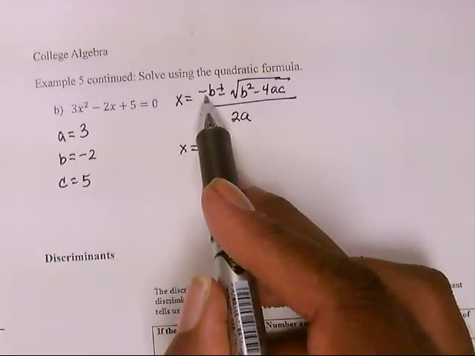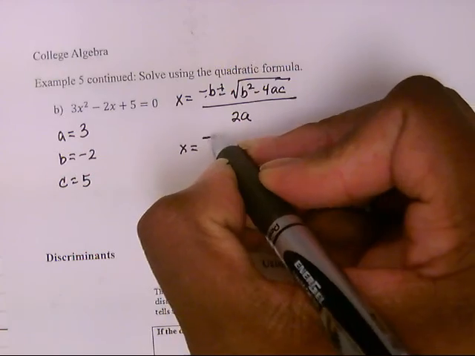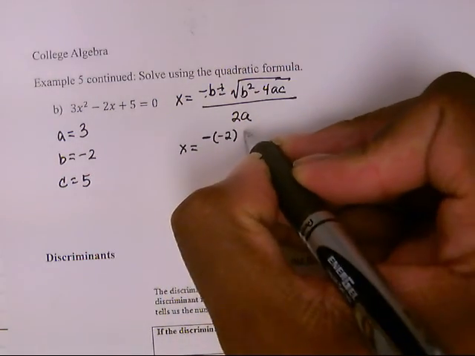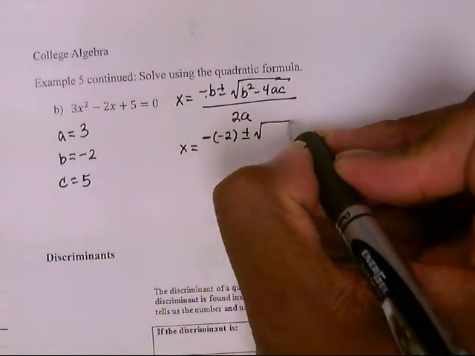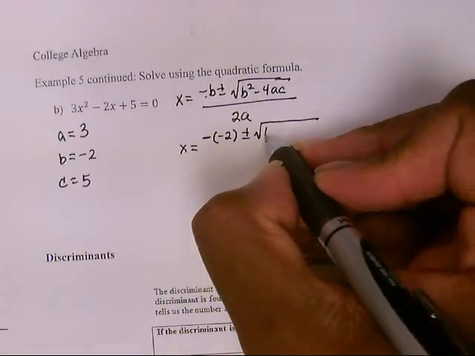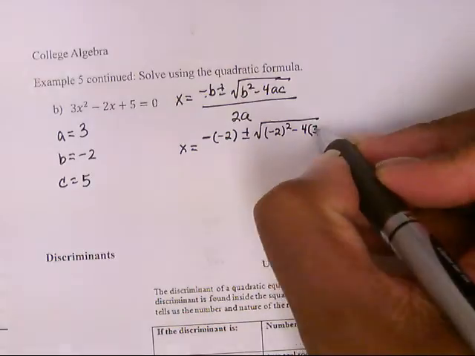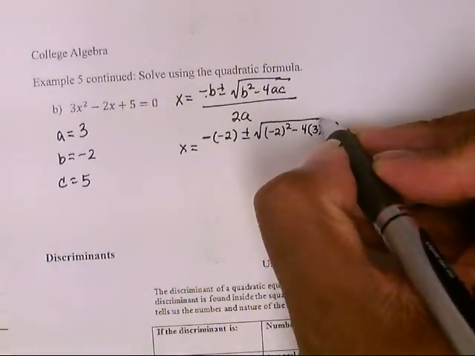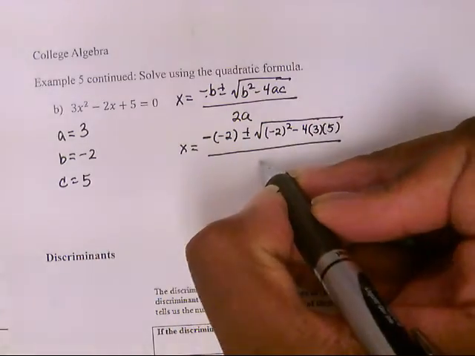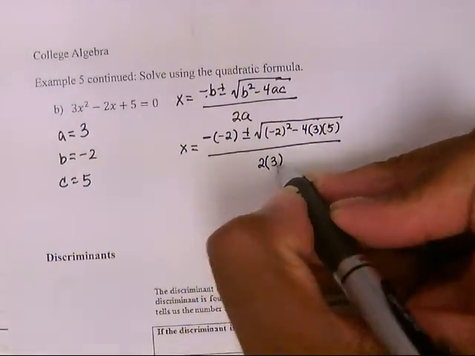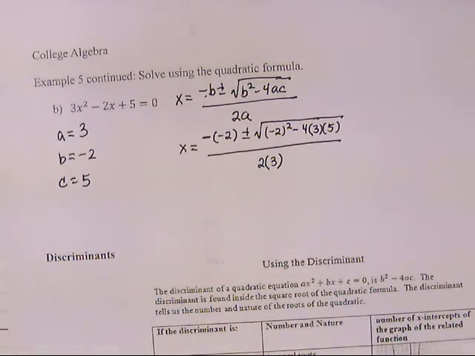Now b is -2, but we do have a negative sign in front of the b, so this will be negative of a -2, plus or minus the square root of b is -2, and that's squared, minus 4 times a, which is 3, times c, which is 5, all over 2 times a, or 2 times 3.